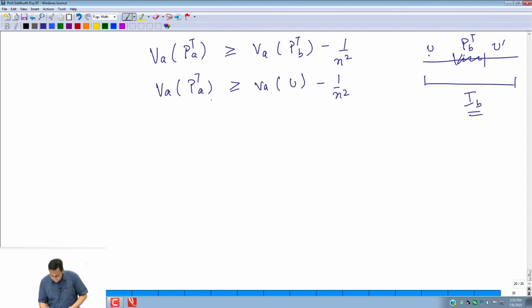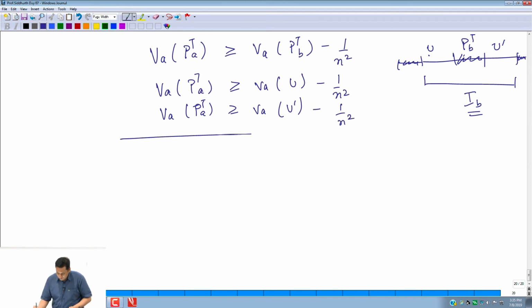And you not only have this, you have it for the other unassigned interval that's sitting next to PB. So IB is these three intervals. Okay, I just sum them up.